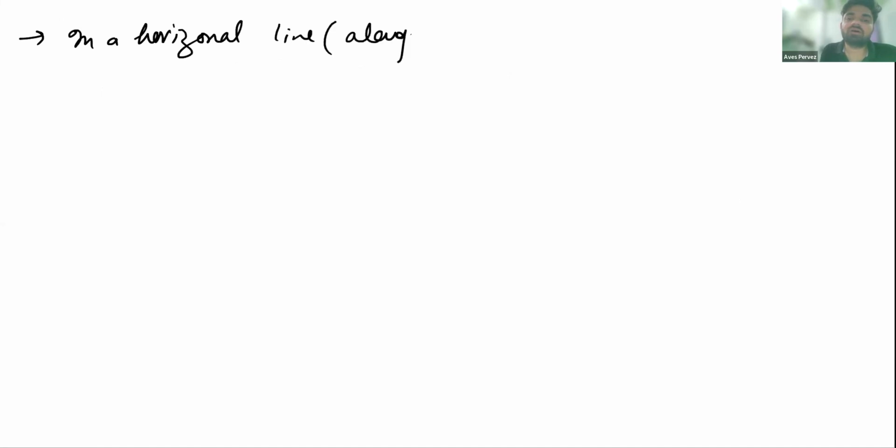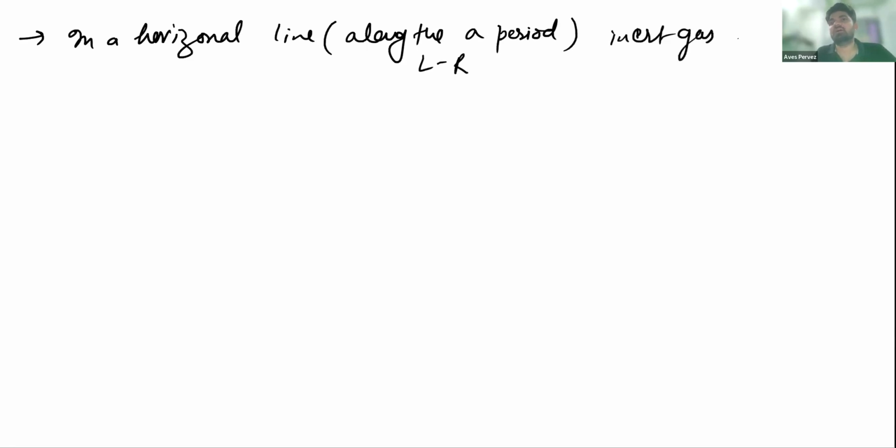Got it? This is very important: along a period, from left to right, inert gases are largest in size.